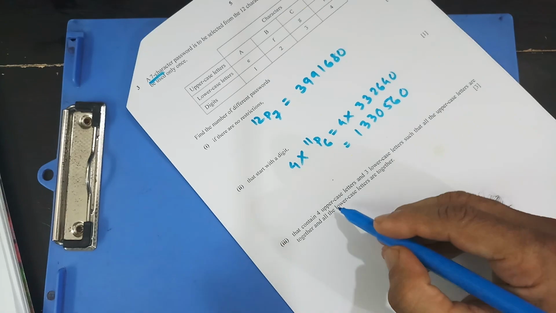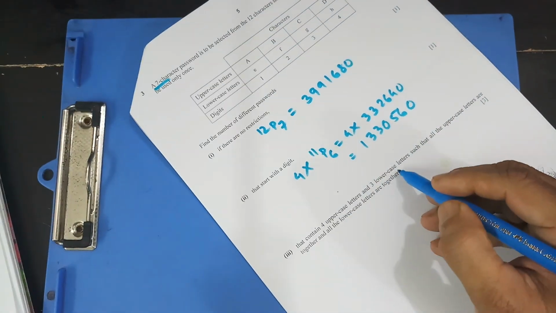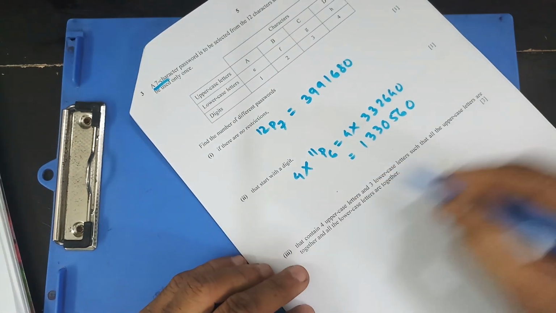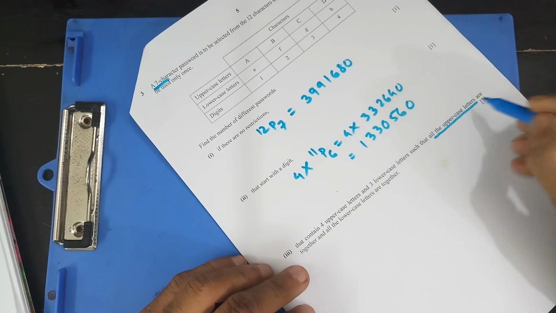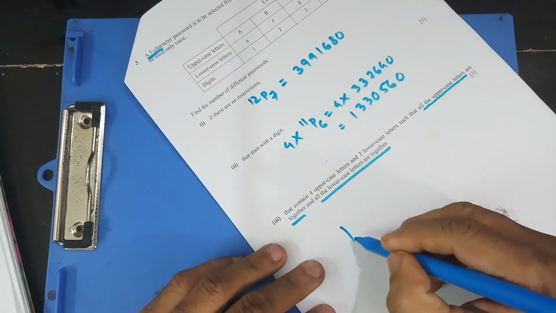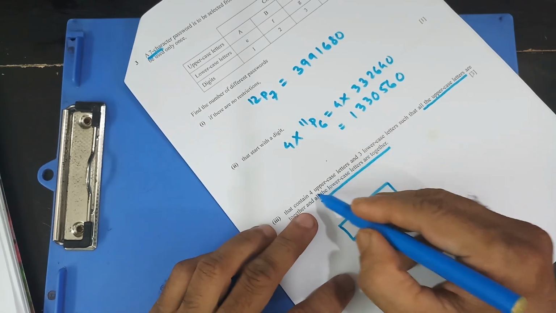Now that contains 4 uppercase letters. So I have to have 4 uppercase letters and 3 lowercase letters such that all uppercase letters are together, and this is very important, all uppercase letters are together and all lowercase letters are together. So I have to take all 4 uppercases.